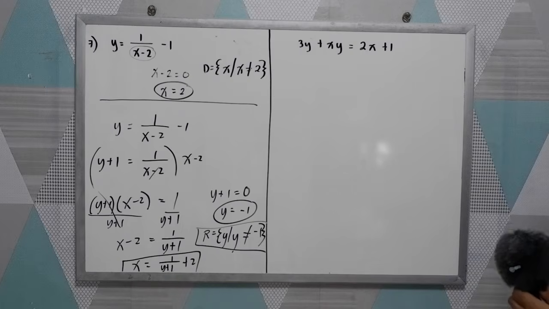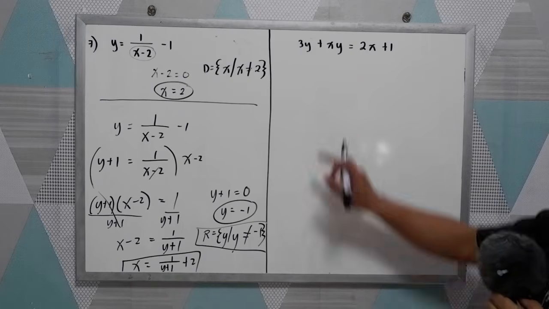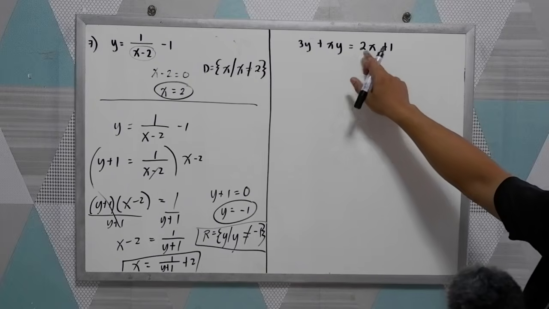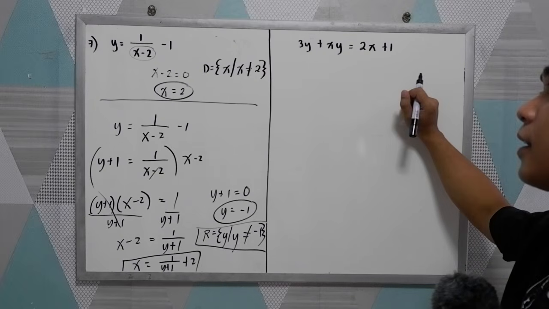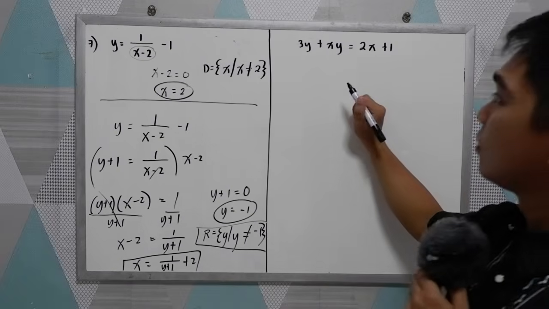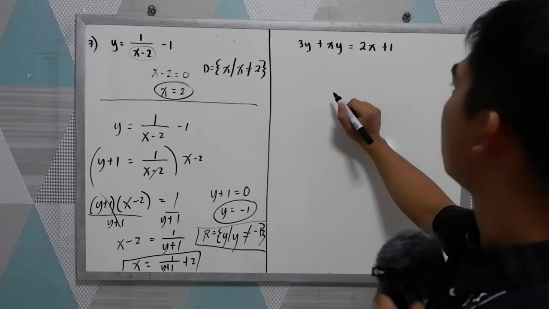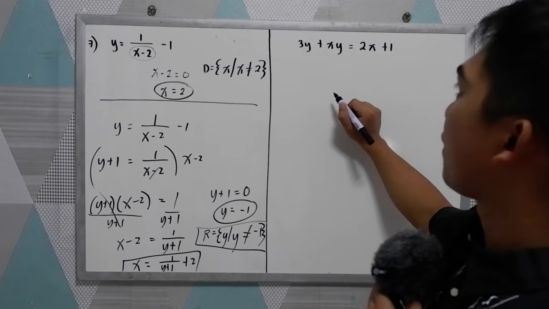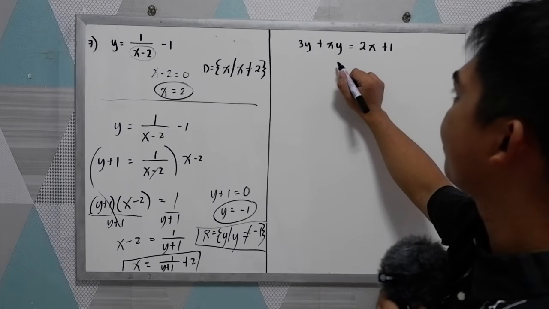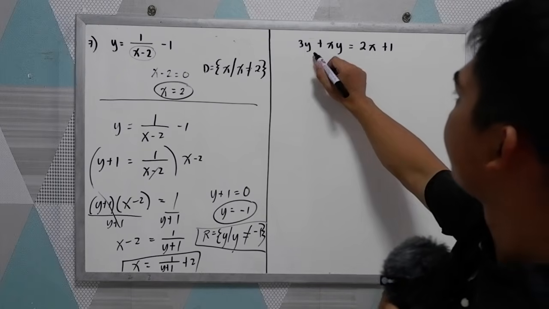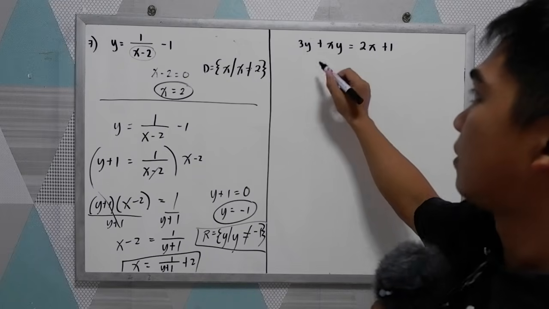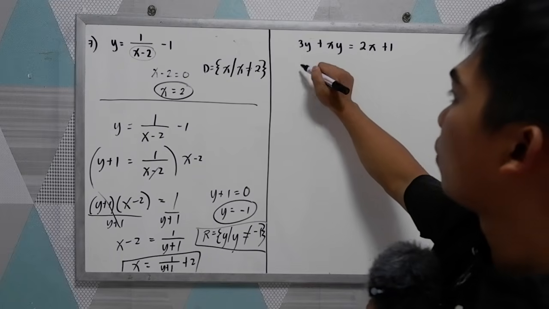Next, last example. 3y plus xy is equal to 2x plus 1. Let us find first the domain. We need to isolate y. Get the common factor, which is y.